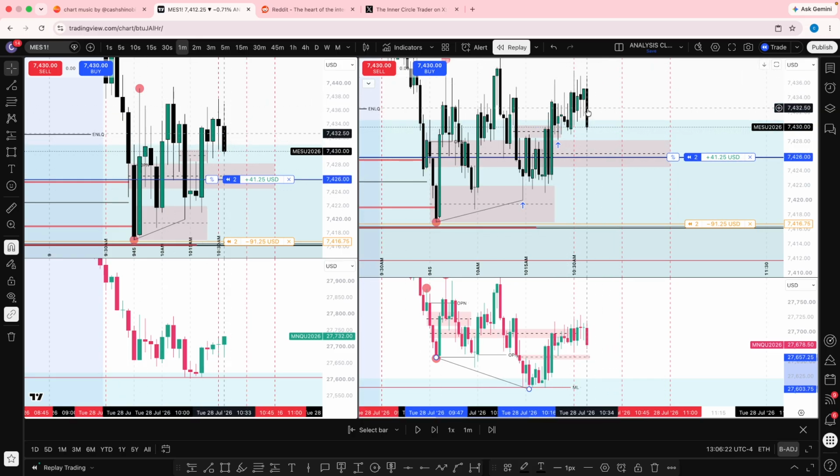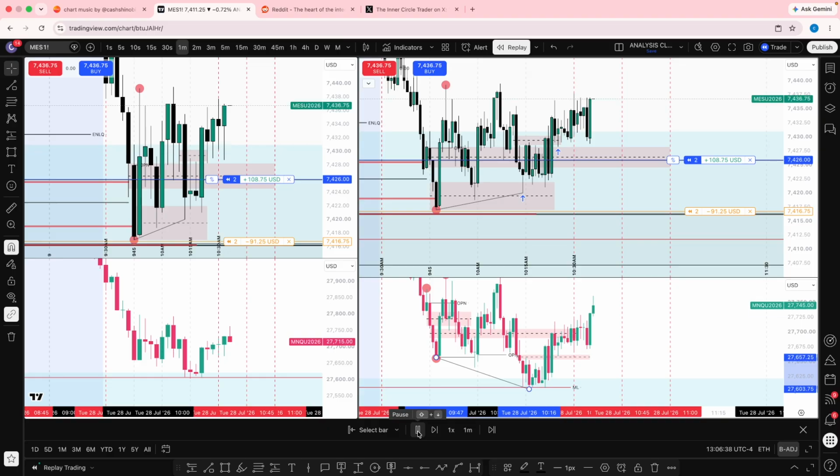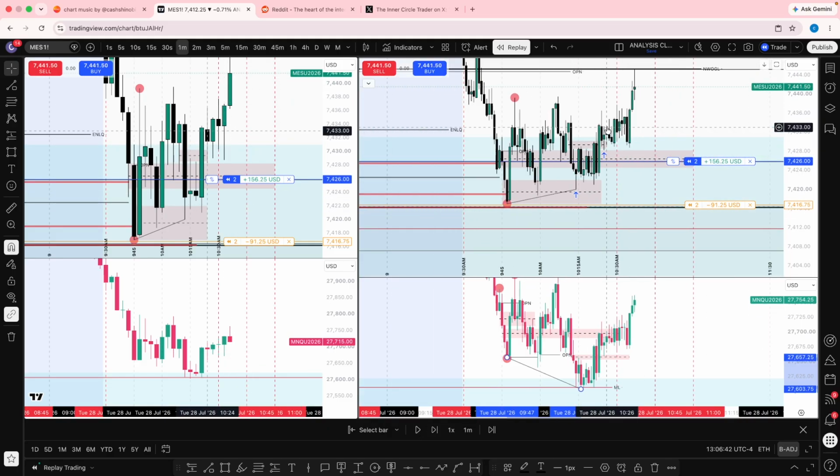All right, and price now is coming back down into this consolidation area right here. And not only that, it's engineering liquidity across here. And it takes that liquidity right there.